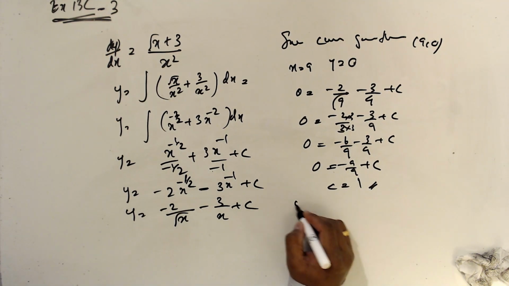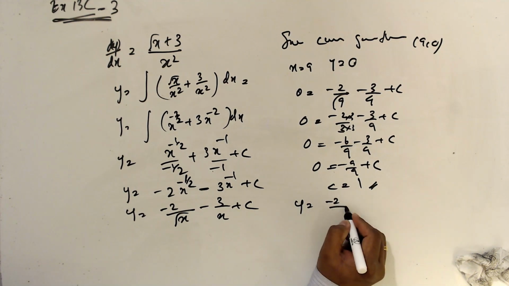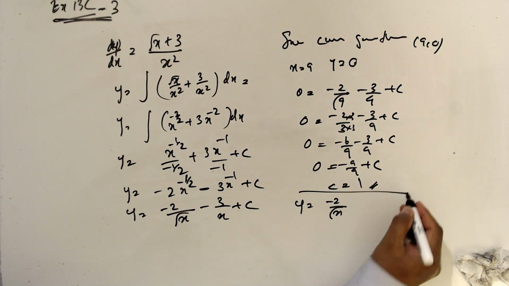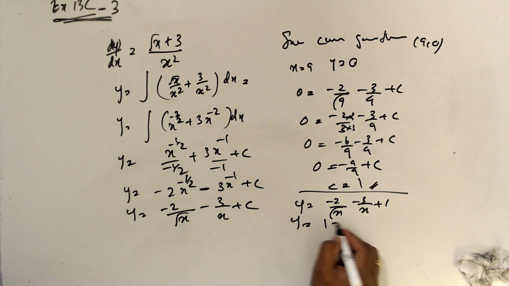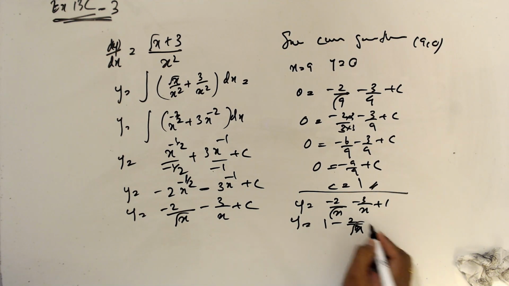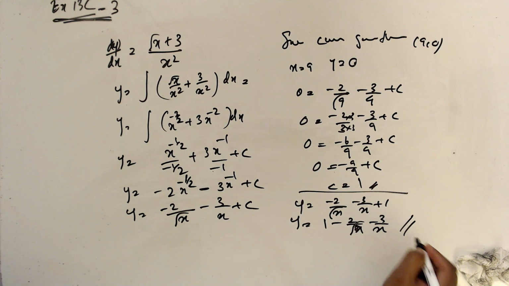Hence the curve is going to be y equals minus 2 over square root x minus 3 over x plus 1. You can write 1 minus 2 over square root x minus 3 over x.